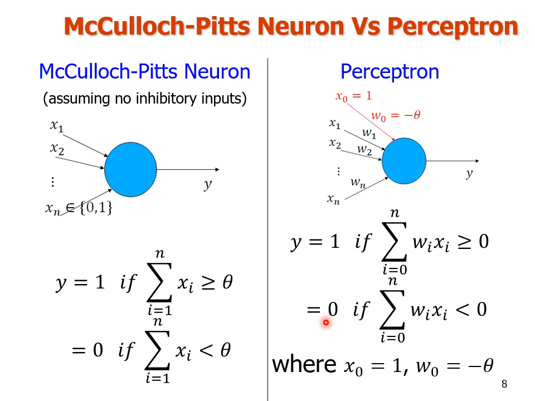In other words, a single perceptron can only be used to implement linearly separable functions, just like the MP neuron.